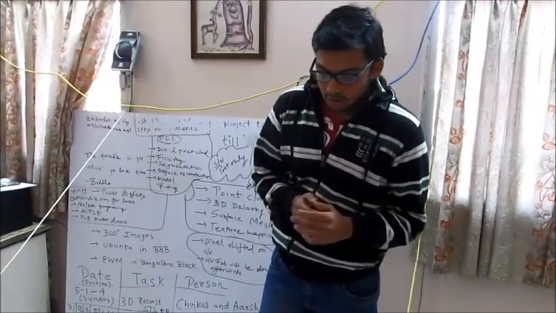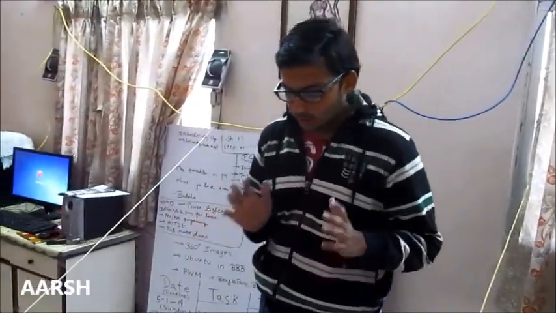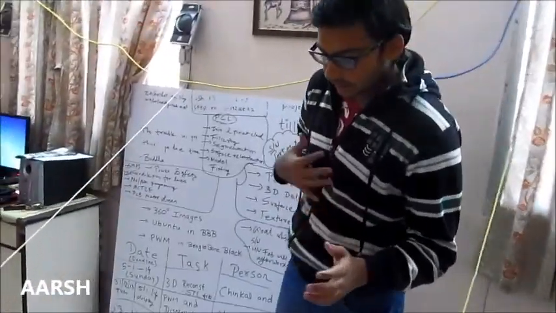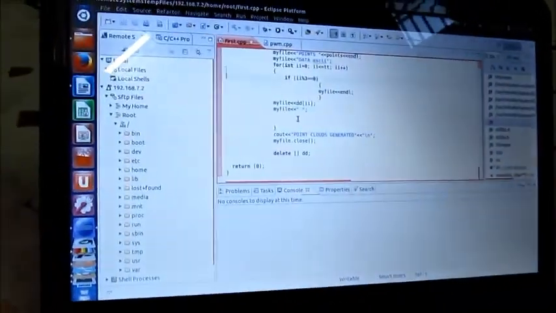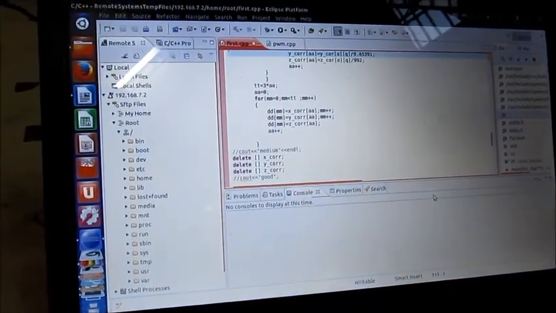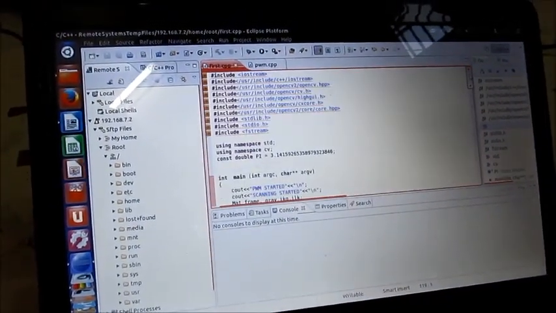Thank you. Now friends, we are going to give a live demonstration of our project. In this project we are working on the Eclipse platform in Ubuntu 12.04 LTS. Here, as you can see in the code, we have included the OpenCV libraries and the C++ libraries that are required.